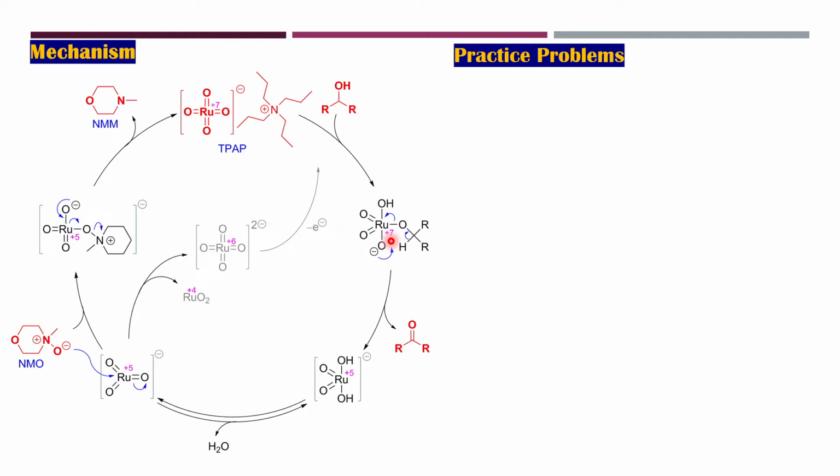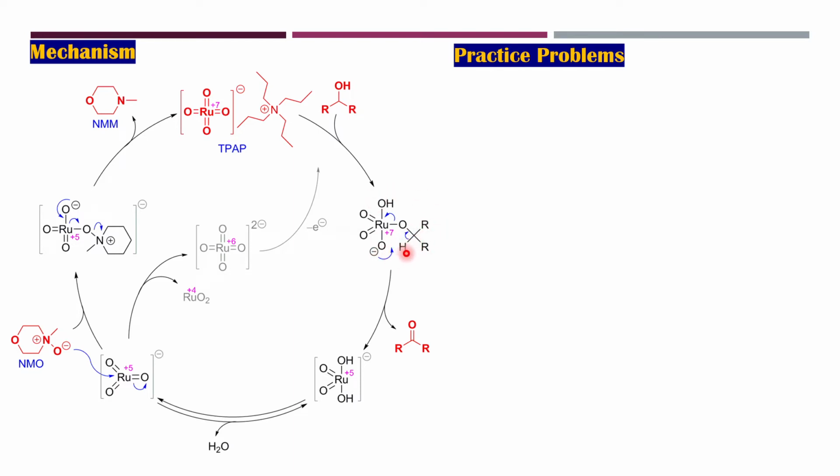Ruthenium is in the +7 state. Here we can see that, just like the chromate ester, this is a ruthenate ester of the alcohol, and abstraction takes place intramolecularly.